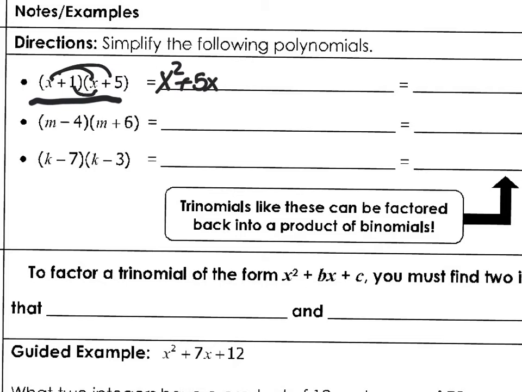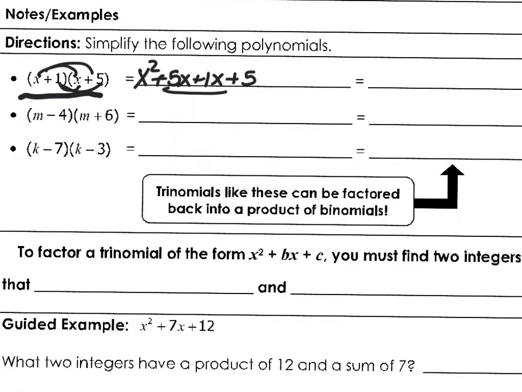And then 1 times x is 1x. And 1 times 5 is positive 5. Combine your like terms, which are usually the two middle terms, and you come up with x squared plus 6x plus 5. All right, so this trinomial is the simplified form.